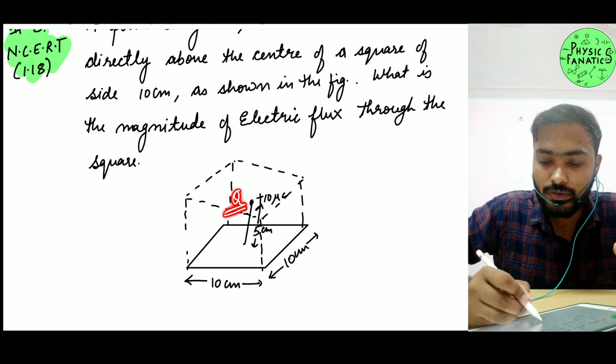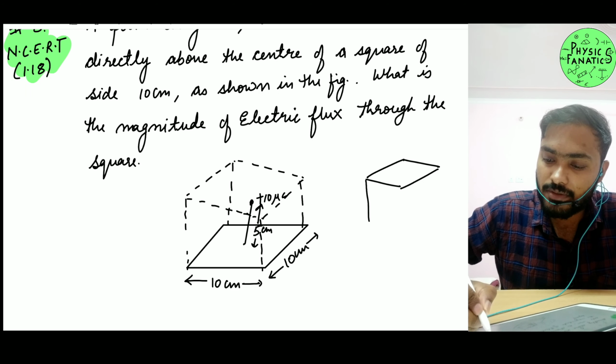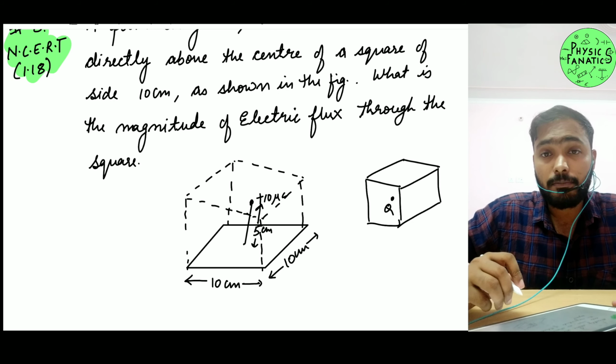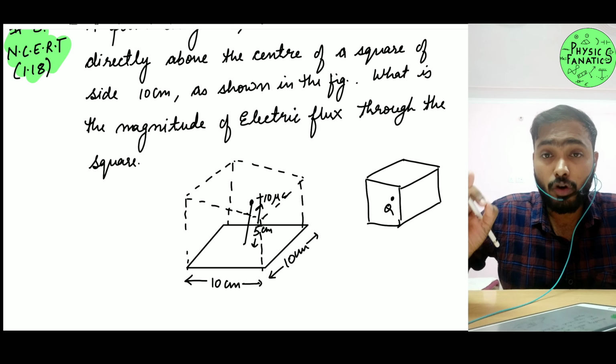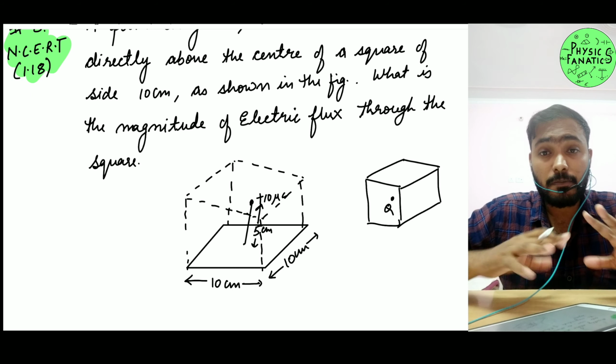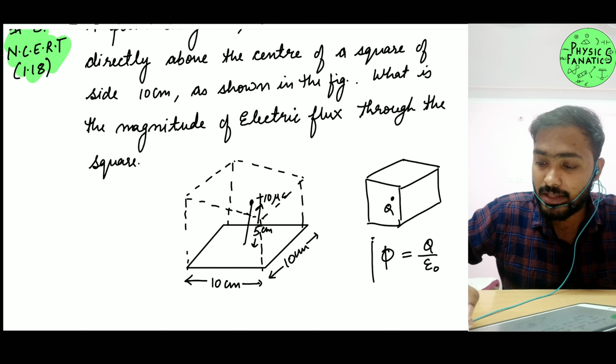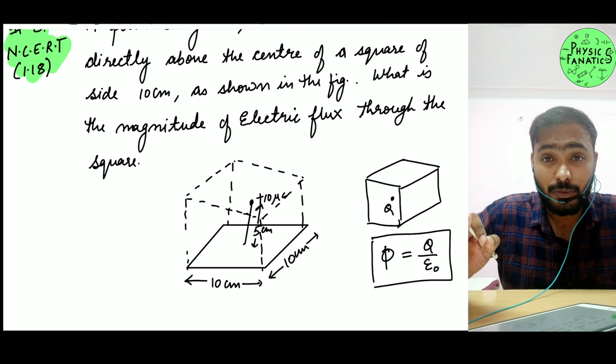Now this question has been turned into something like this: you have a cube, and in the middle of the cube you have a plus Q charge kept. So obviously when the question is like that, the net flux that is passing through the cube will be simply given as Q upon epsilon naught, right? This is something which we already know.